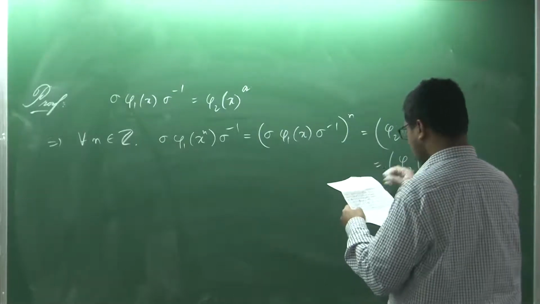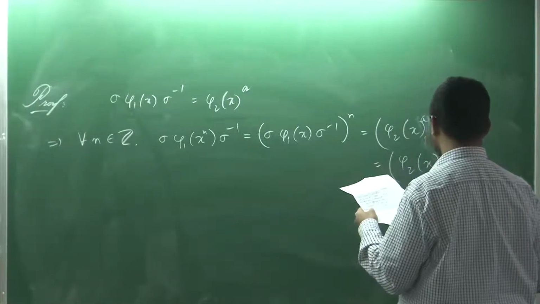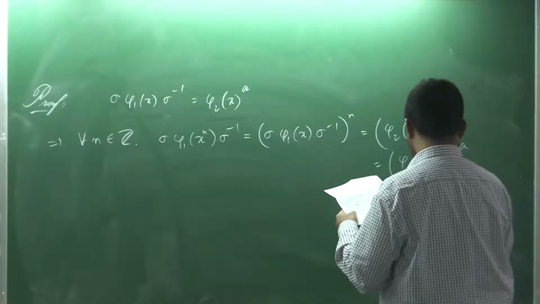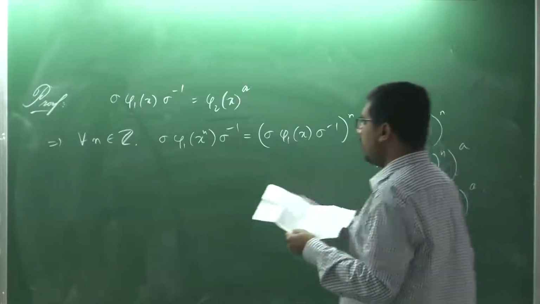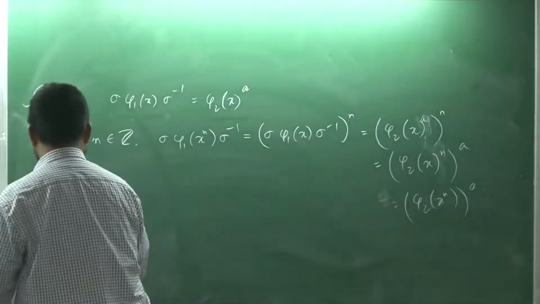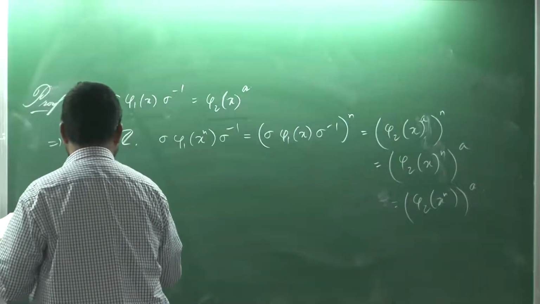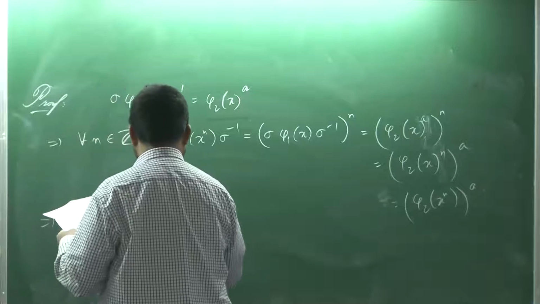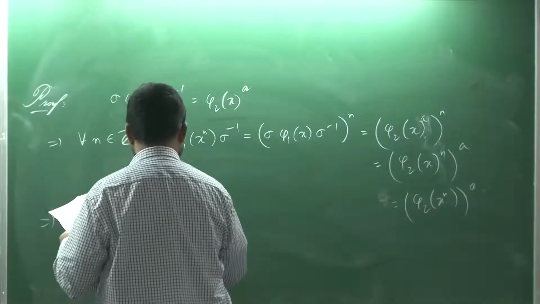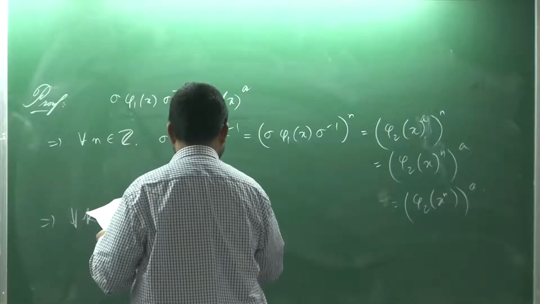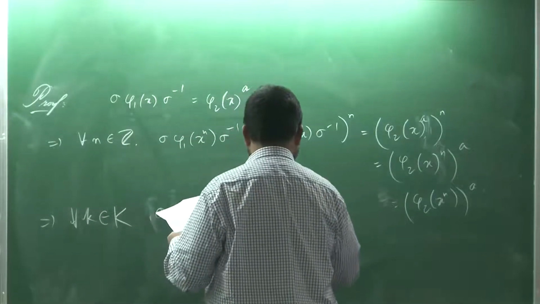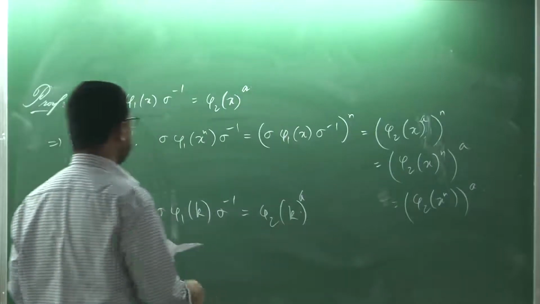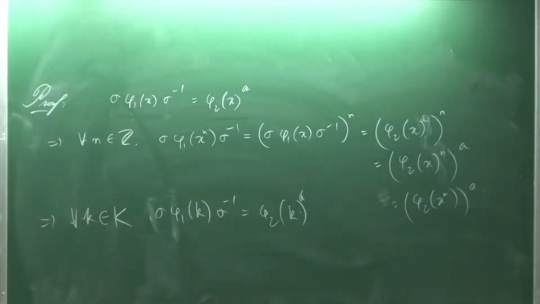So here we can do this switch that shows that. So this shows in particular for every small k belonging to capital K, sigma phi 1 small k sigma inverse is phi 2 k. This is quite clear. All right.